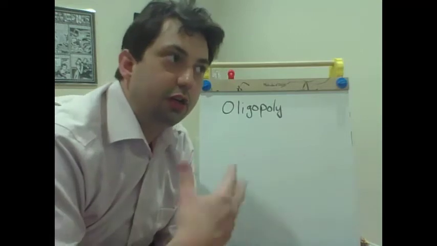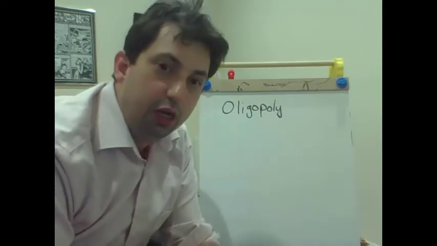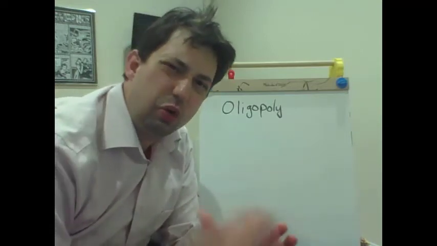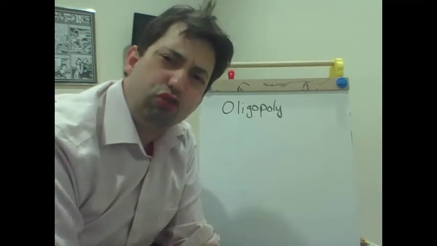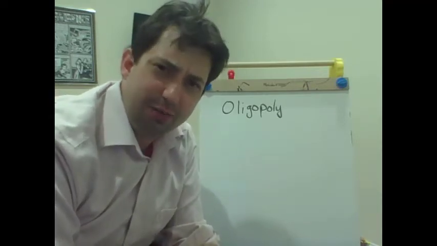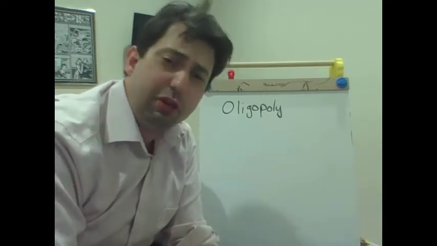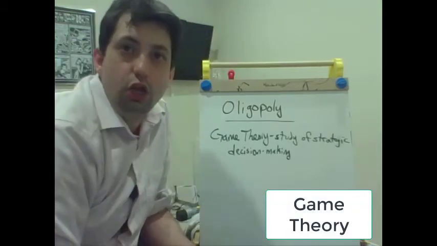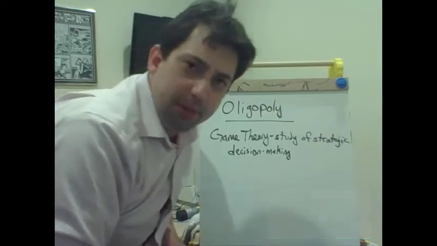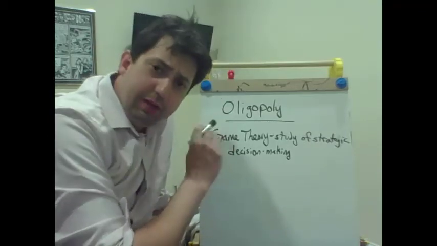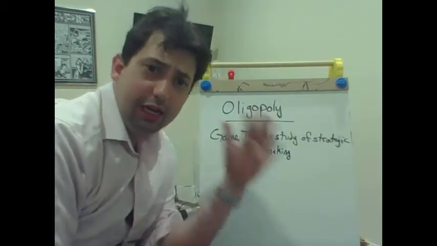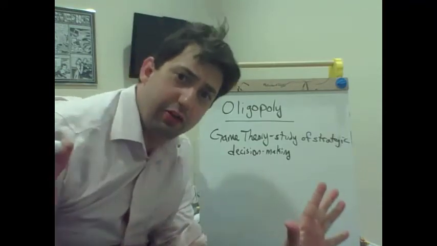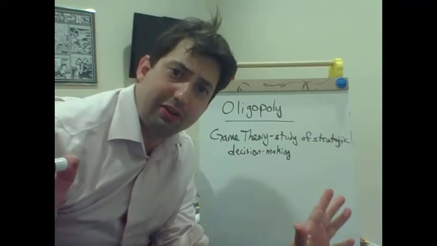And there is a diagram that we could create for oligopoly, but I want to go a different direction, and I want to make this treatment in terms of a branch of economics, which is originally a branch of mathematics called game theory. So we can think of game theory as the study of strategic decision making. It is this vast area of economics, mathematics.